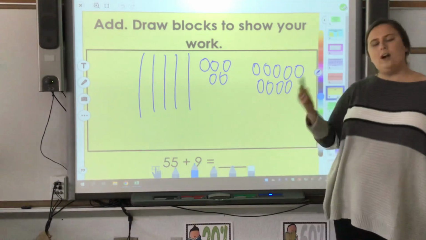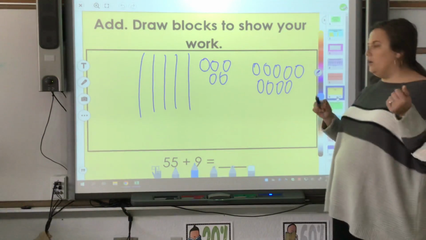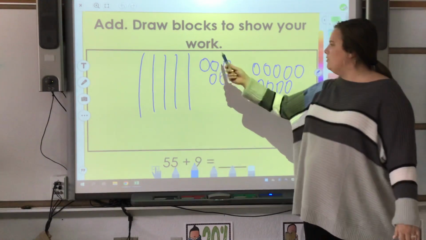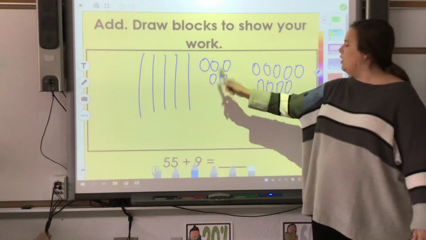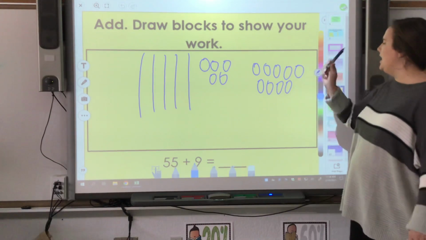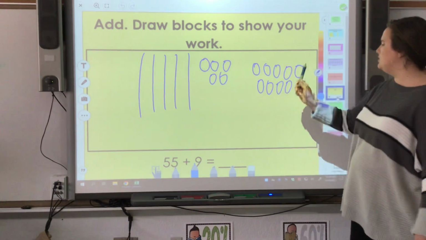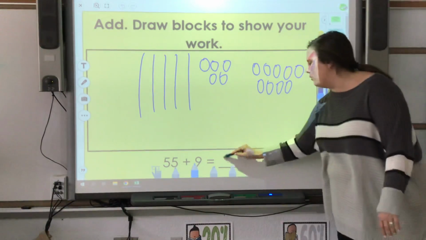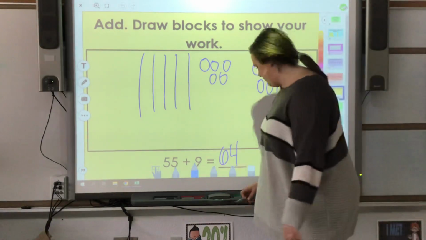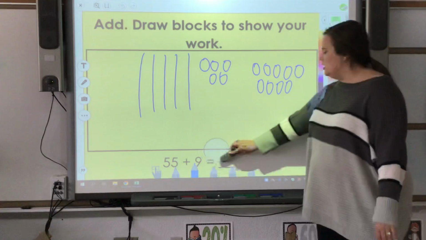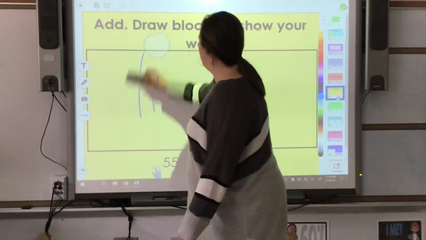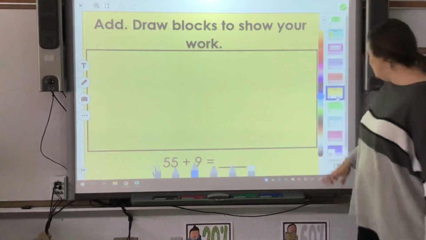So we need to count our tens and then count our ones. 10, 20, 30, 40, 50, 51, 52, 53, 54, 55, 56, 57, 58, 59, 60, 61, 62, 63, 64. Woo! That's a lot, isn't it, friends? 64. So that's drawing your blocks, which is your tens and your ones, to add those numbers.